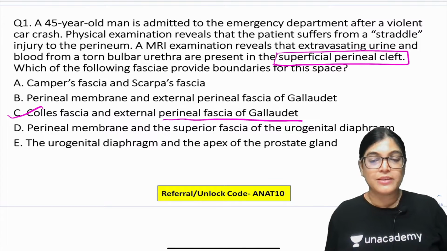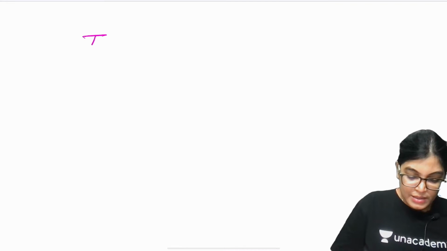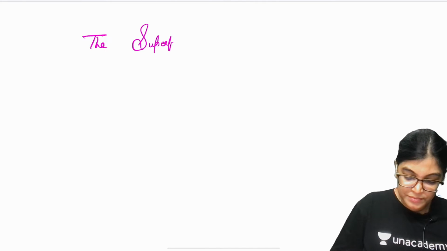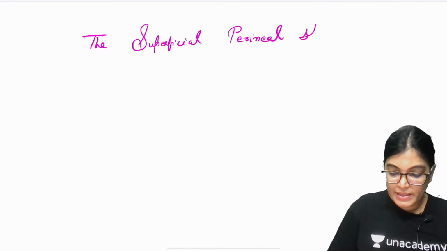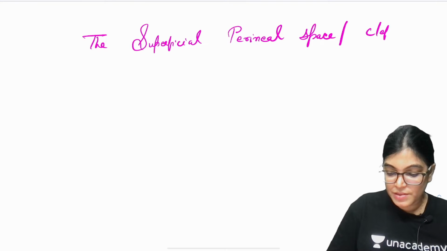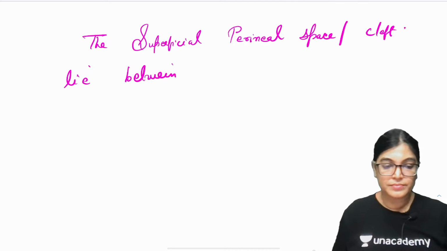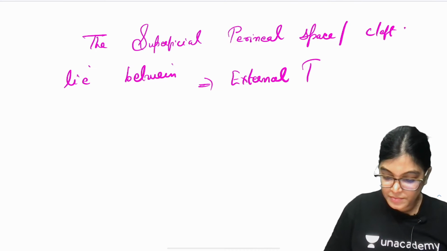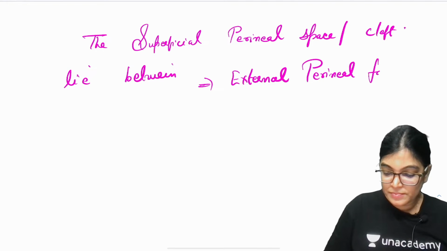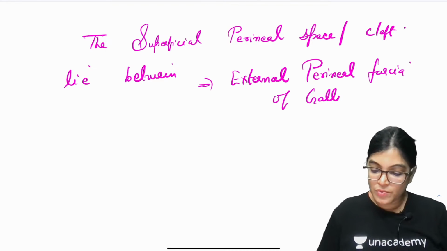I will show you the diagrams which will clear your concepts. Firstly, let's write what the perineal space is and where it lies. The superficial perineal space is also called the cleft, and it lies between the external perineal fascia of Gallaudet.